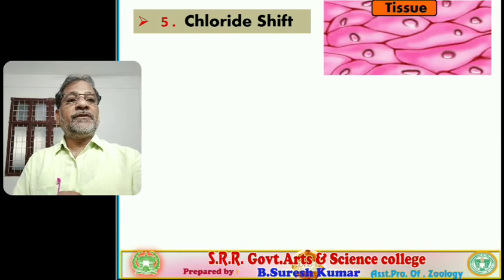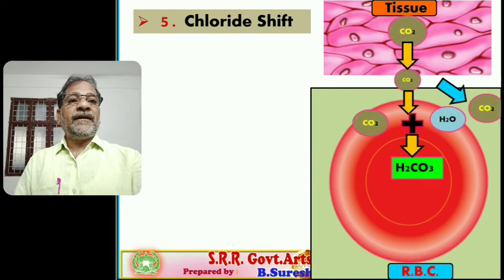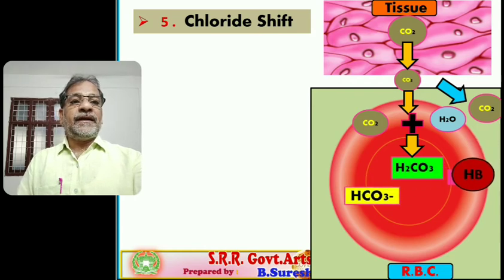Let us see the visual representation of chloride shift in tissue and RBC, and all these reactions we learned. H2CO3 is produced and breaks down to produce H plus and HCO3 minus, and reduction of hemoglobin yields HbH plus.